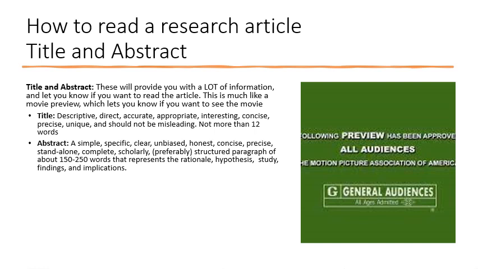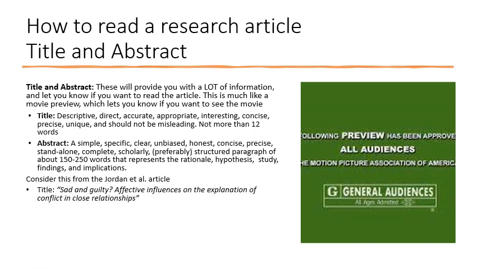The abstract is really clear, unbiased, and precise. It's usually one short paragraph that tells the rationale, hypothesis, study findings, and implications. Very, very short. So this is how you can tell if you want to read the article. Is it relevant to you? Here's a Jordan article, Sad and Guilty: Affective Influences on the Explanation of Conflict in Close Relationships.